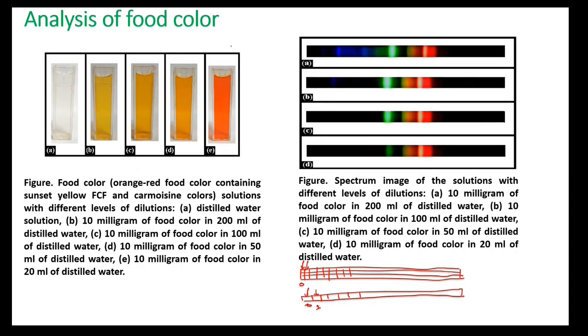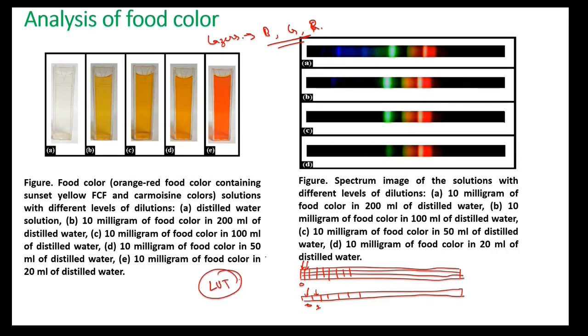As I told you, for that we have certain lasers, say lasers of blue, green, red. We use those lasers and determine the positions at which we are getting the peaks, and from there we create a lookup table.